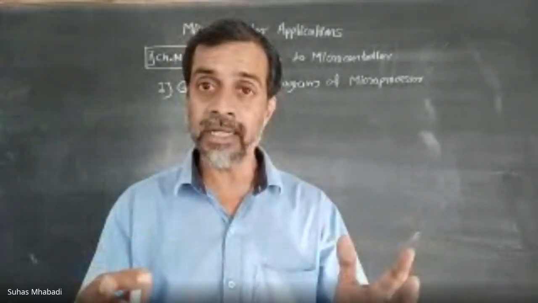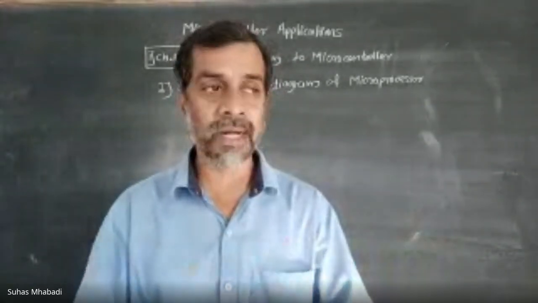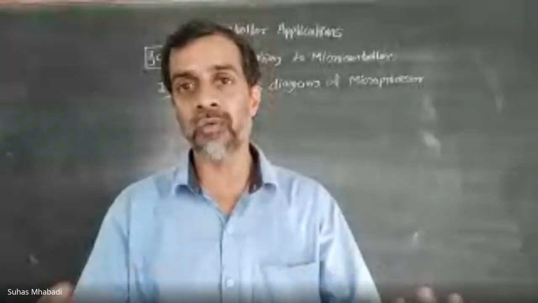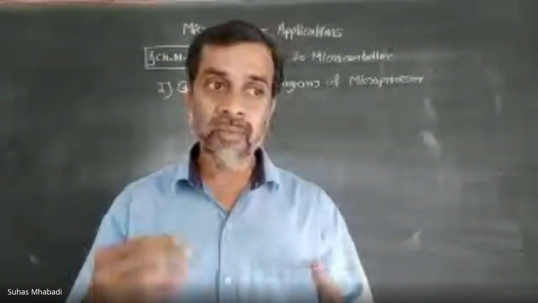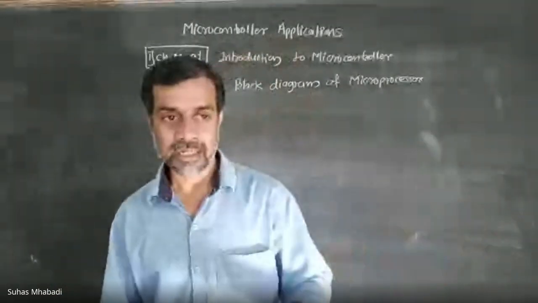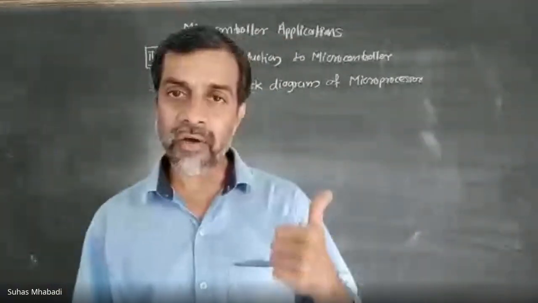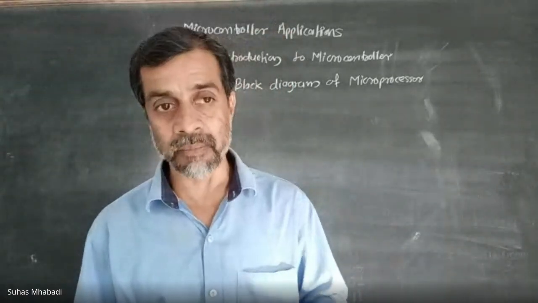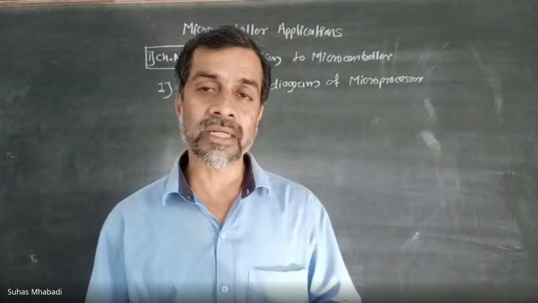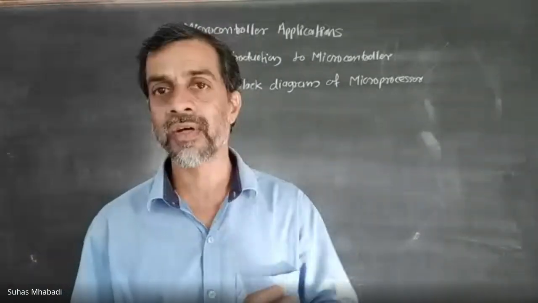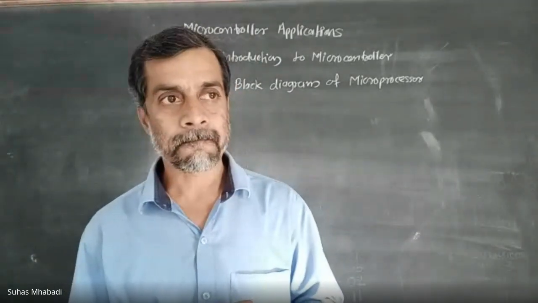Instruction must be represented in 1010 format. The result which I am going to obtain should be represented in 1010 format. Alphanumeric characters A, B, C, D, special characters like hash, at the rate, for every symbol I require to represent it in 1010 format, which means I want to convert it into binary language.